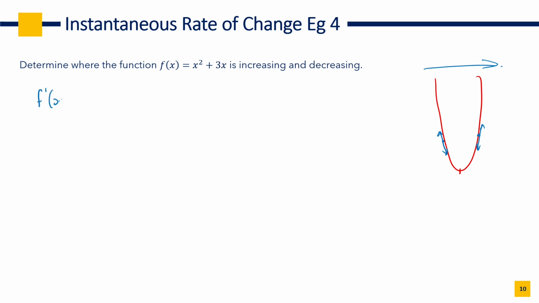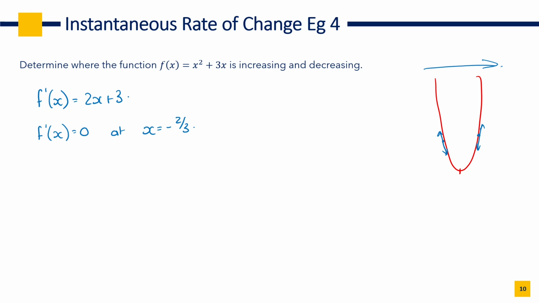So we have our first derivative. It's 2x plus 3. We know that the first derivative is equal to 0 at x is equal to minus 2 upon 3. So again, we're going to look a little bit to the left, a little bit to the right to investigate what happens to our first derivative.